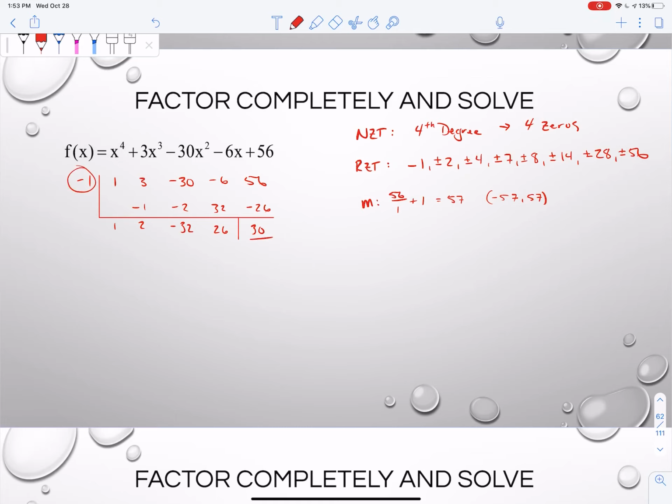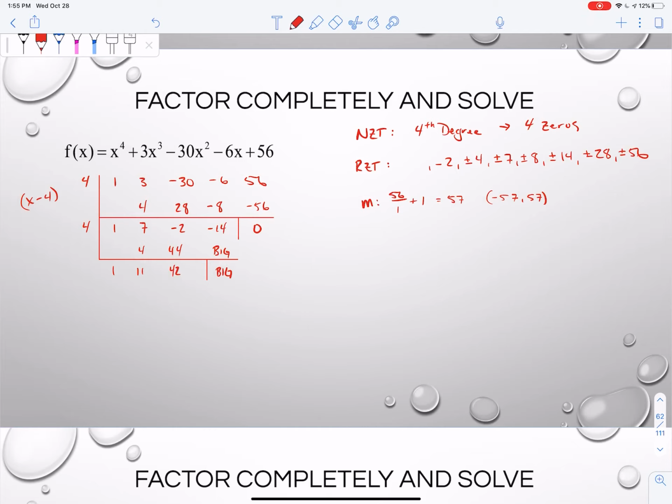Okay, so I'm going to bring down the 1, multiply. As I go through, I multiplied 4 times 44. At that stage, it was my second to last term. It's going to be a big number, and I'm going to have a big number plus a smaller negative number. I'm going to have another big positive number.